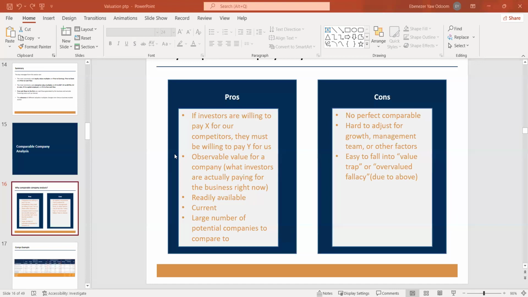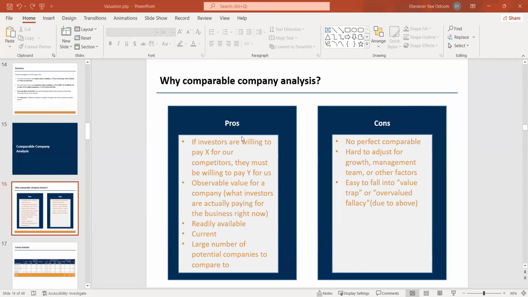At the end of the day, what happens is that you may overvalue the company that you are valuing. And that's one of the disadvantages. You get it? Yeah. So that's the advantage and the disadvantage with applying the comparable company analysis.